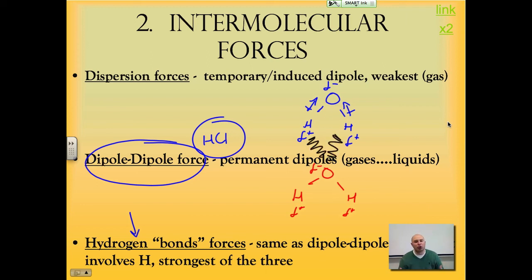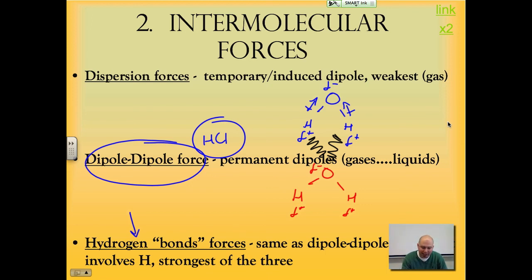They're stronger than straight dipole-dipole because hydrogen's very small. There's only one electron, located very close to its nucleus, the proton. So therefore, it kind of shrinks. There's not as much room, not as far apart. So these forces are a little closer, and it can be a little bit stronger.